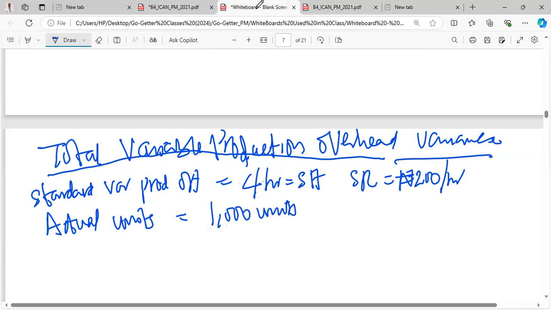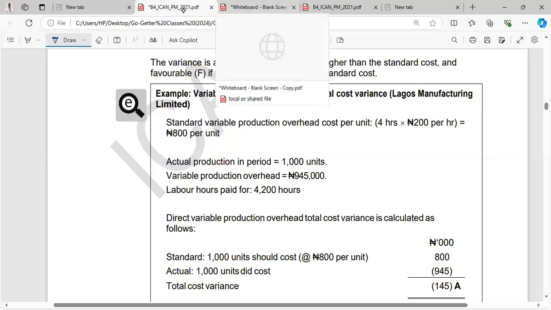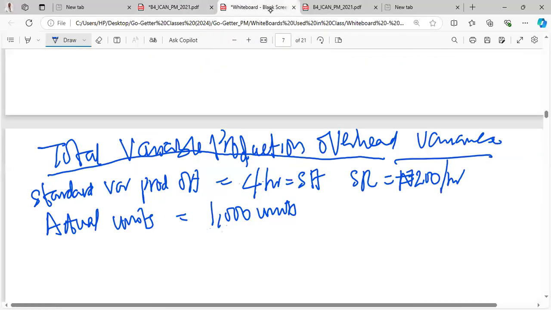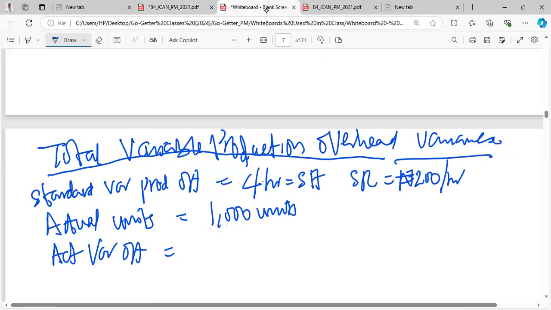All right. Now let's go to the actuals. We have variable overhead, actual variable overhead is 945,000.